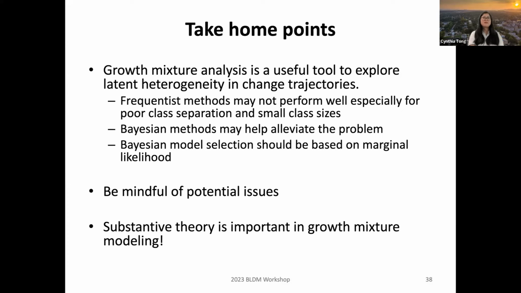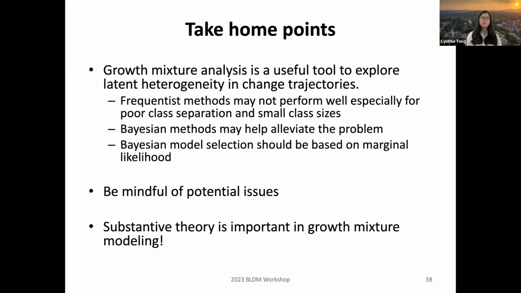Bayesian model selection should be based on marginal likelihood. Also, although the Bayesian growth mixture model is powerful and flexible, we have to be mindful of potential issues, including class separation, class enumeration, small sample sizes, prior issues, and label switching problems.